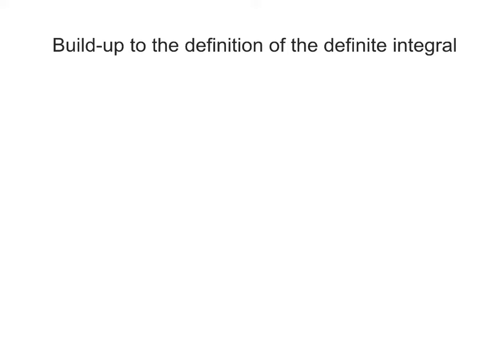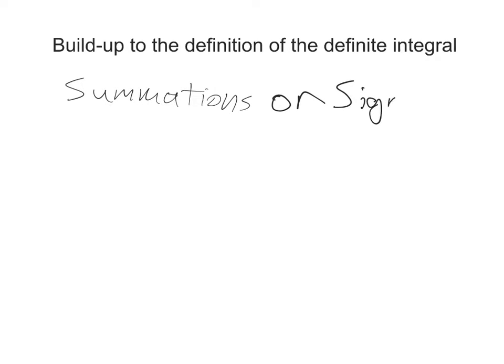But the build up here, we're going to be dealing with what we call summations. Sometimes these are called sigma notation. We use the Greek letter sigma to represent a summation.